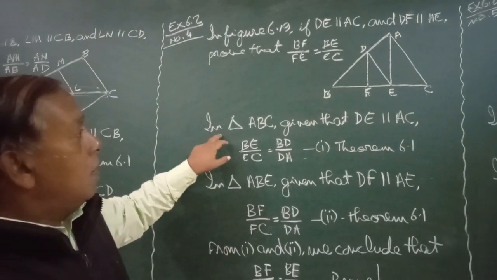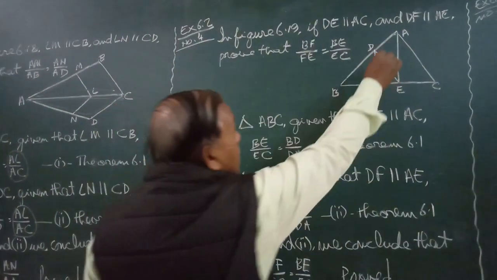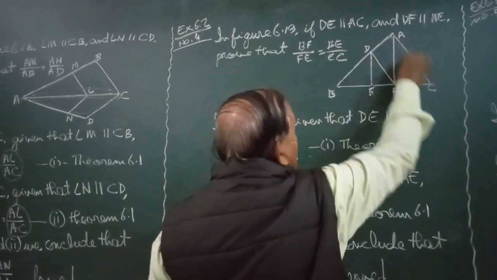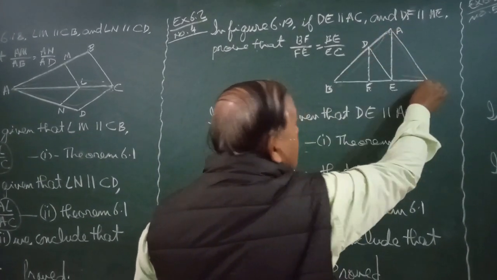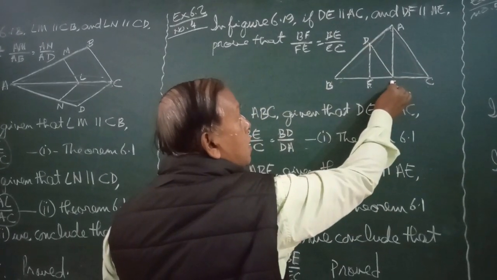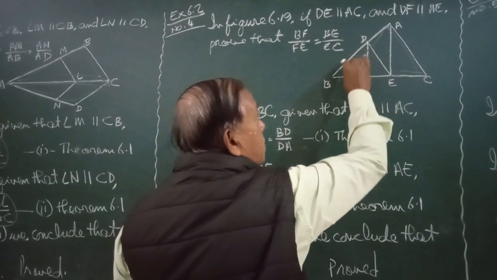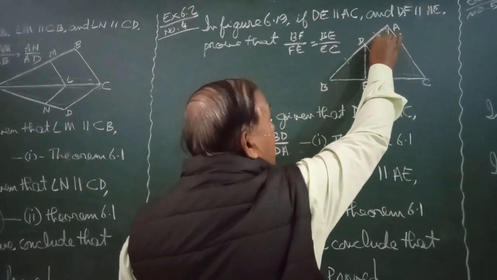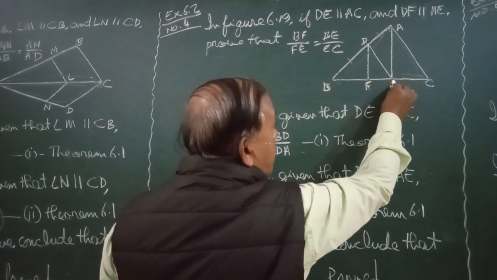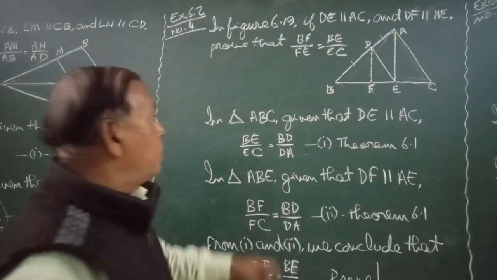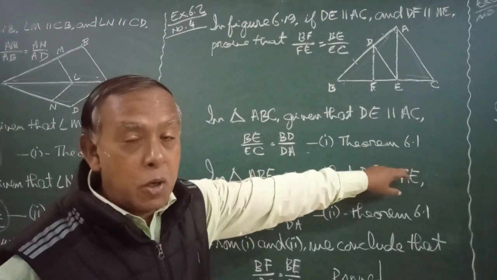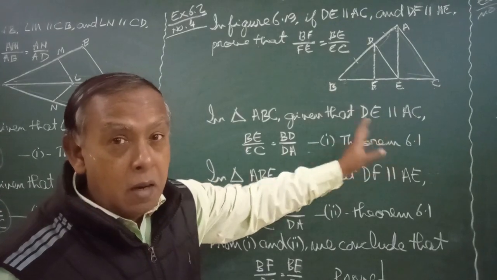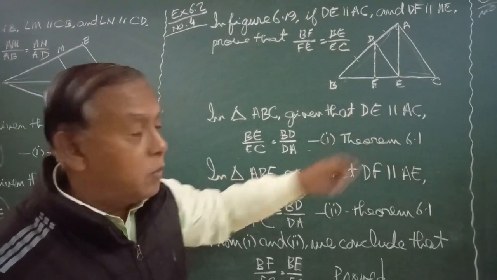First of all, in the triangle ABC, the whole triangle, these two are parallel. AC is parallel to DE, which means this side upon this side is equal to FE upon EC. We have this. According to Theorem 6.1, if the lines are parallel, the sides are in the correct ratio.